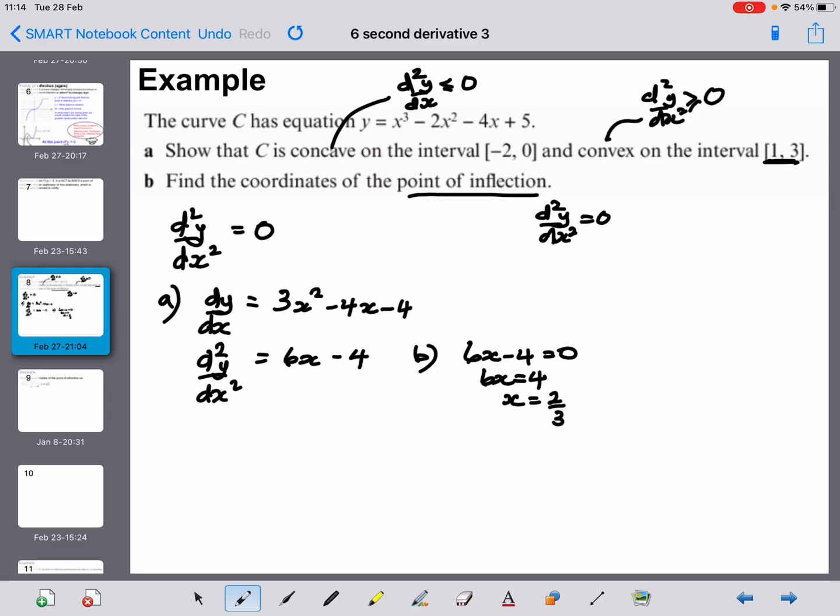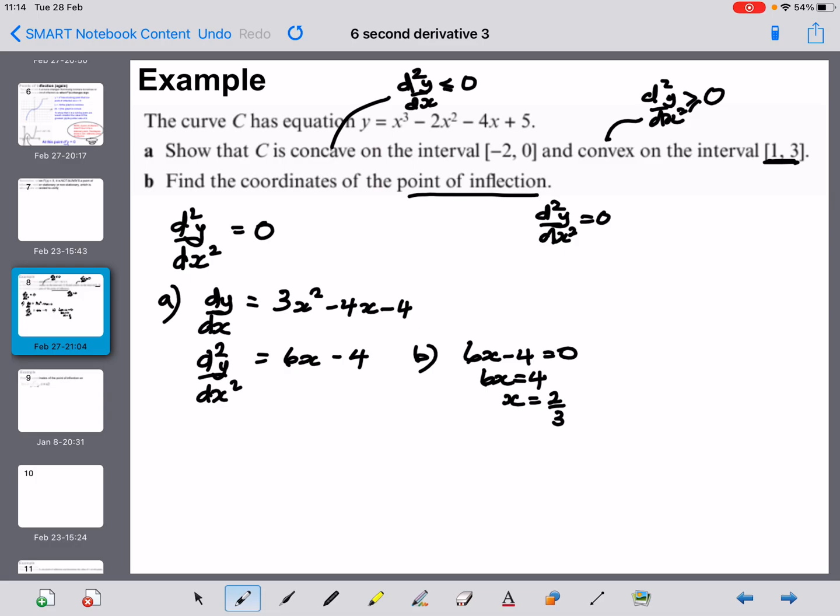Okay, now we need to show that when x equals 2/3, that is in fact a point of inflection. So we need to show that there is a sign change where x is slightly smaller than 2/3 and where x is slightly bigger than 2/3, to show that it's switching from concave to convex.